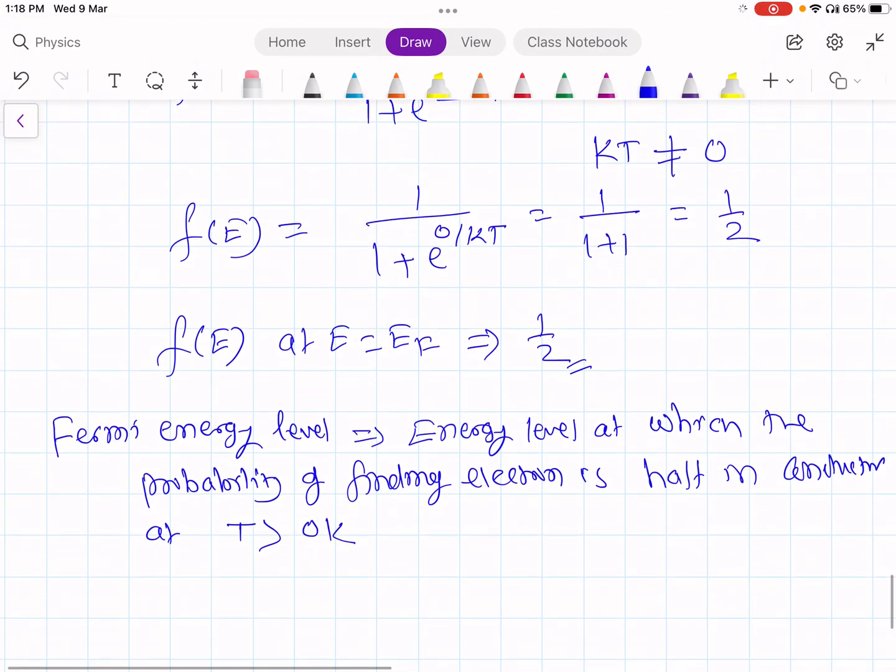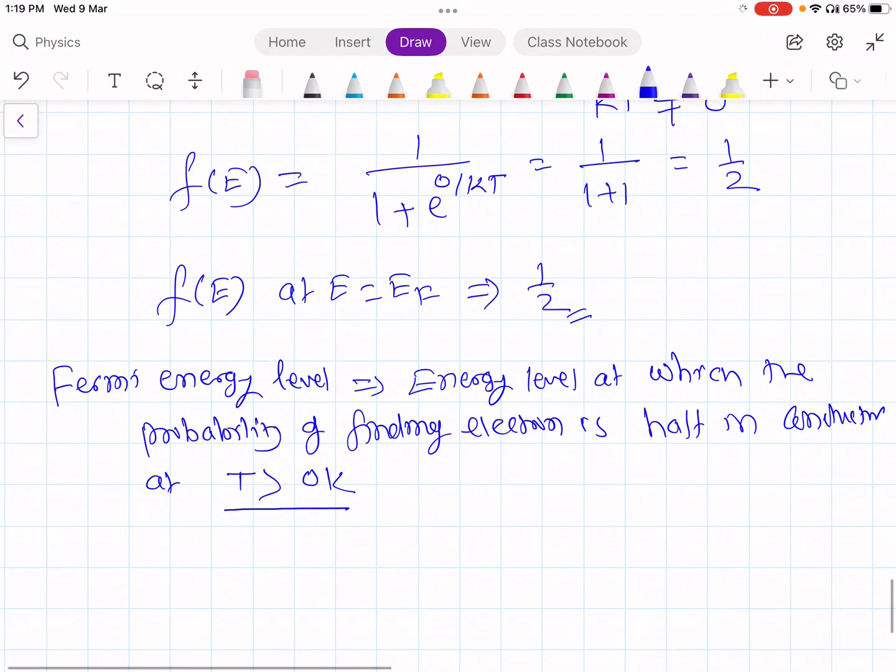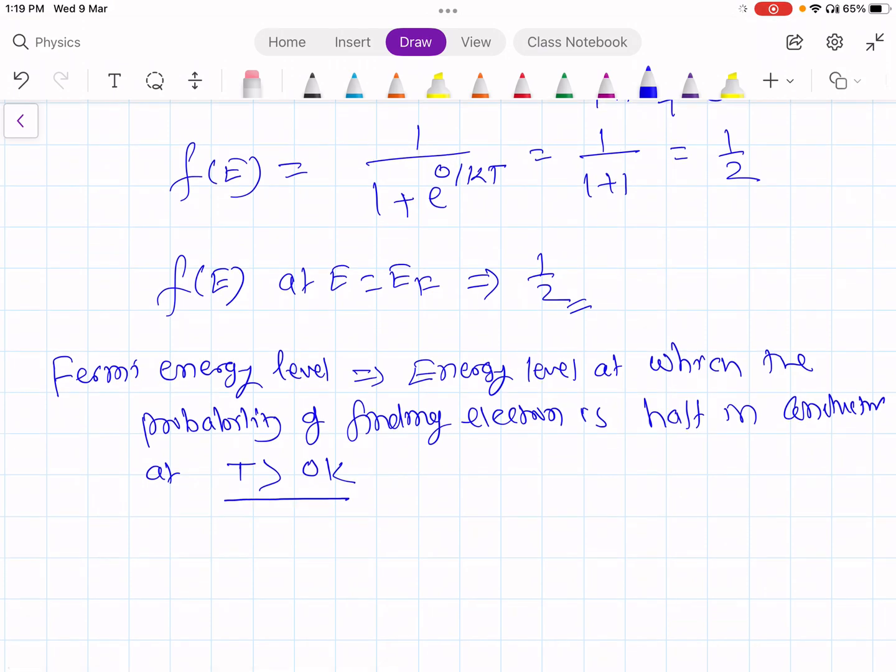So that's how we can define the Fermi energy level for conductor at temperature T greater than 0 Kelvin. We have defined the Fermi energy level just now for conductor at T equals 0 Kelvin, and that is the highest filled energy level of a conductor at T equals 0 Kelvin.